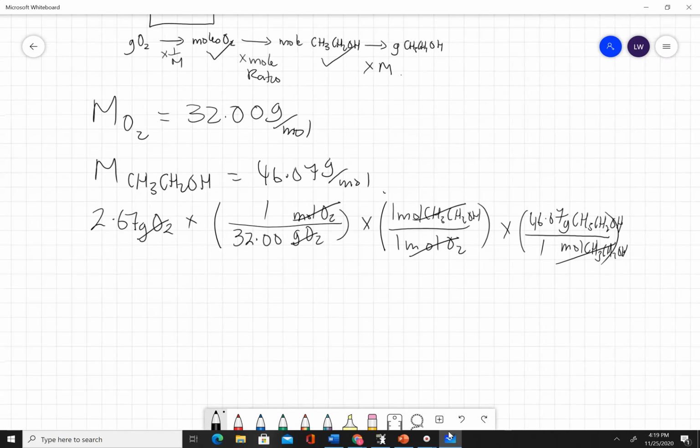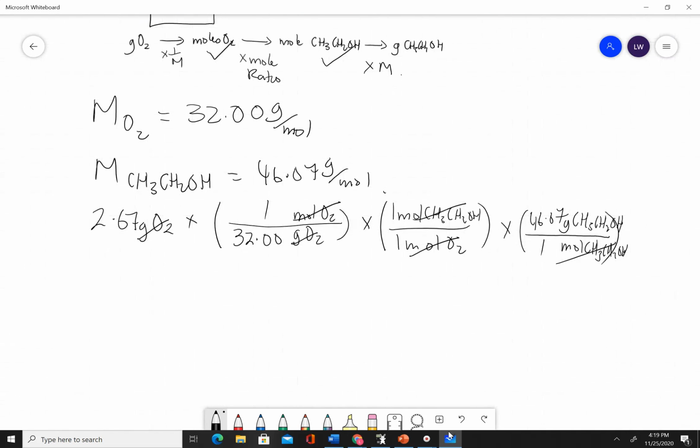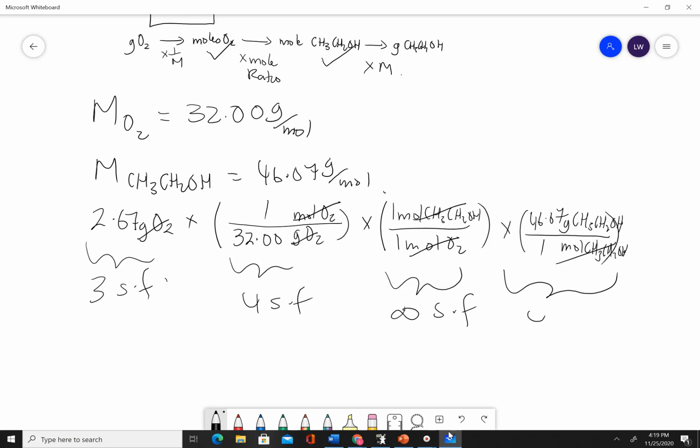So when we do this math here, we need to round everything to 3 sig figs at the end, because our mole ratio is always exact, so it has infinite significant figures. Our other conversion factors, our 2 molar masses, have 4 sig figs, so they're not going to determine the significant figures.